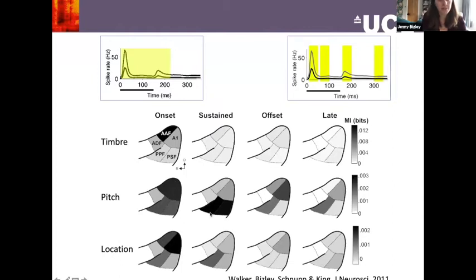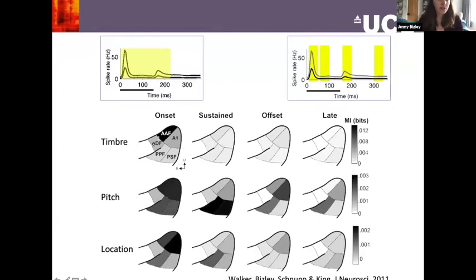And what you can see here at the population level is that each perceptual attribute has its own distinct time course in which information is available and passes through these different auditory cortical fields. So timbral information occurs very early on in the response. It's primarily in the onset, and it's most strongly represented in the primary fields.